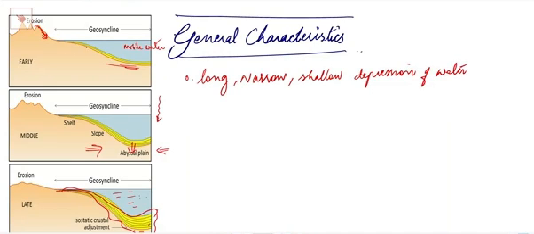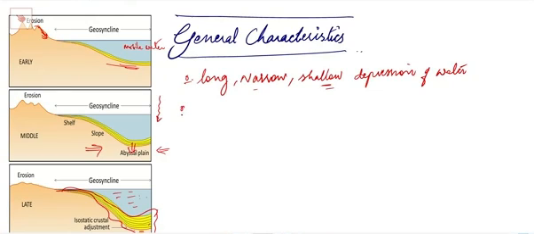As we can see here, these are shallow, meaning not having a greater depth, having only a small depth. So the first characteristic is that a geosyncline is a long, narrow, shallow depression of water.